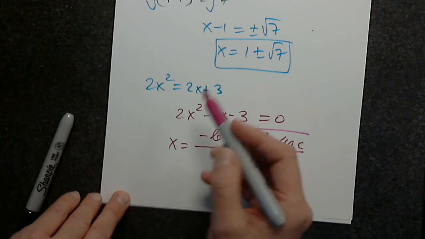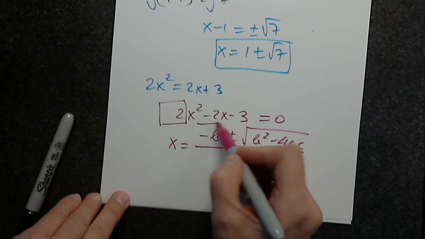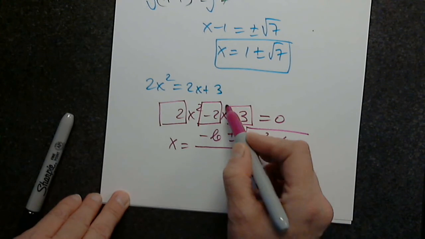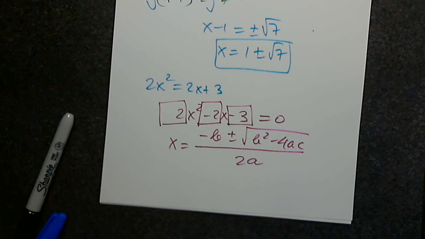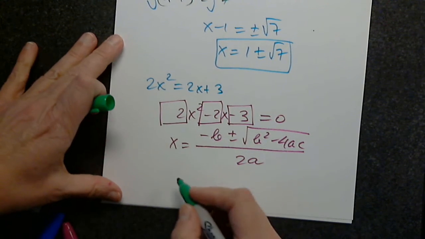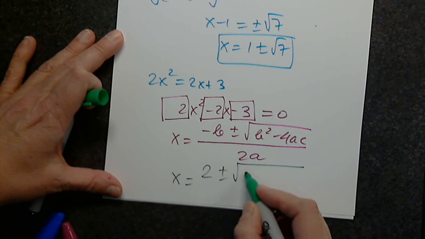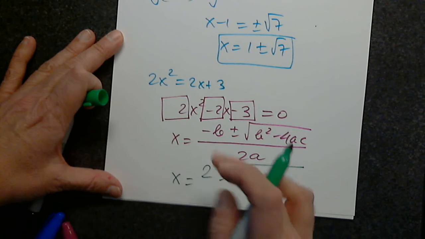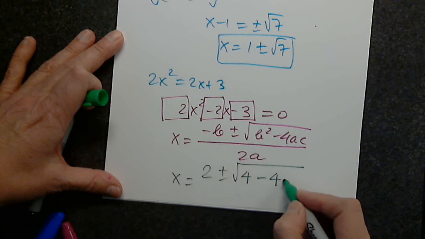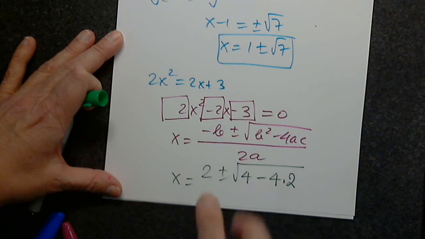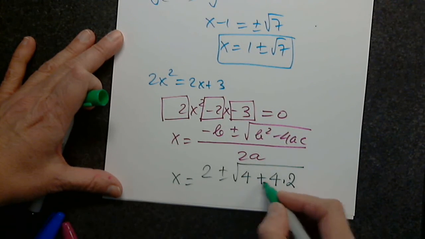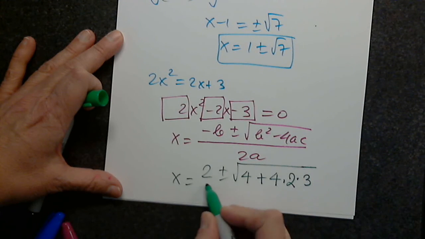And now, carefully, I plug in a, I plug in b, and I plug in c. So then x equals negative b, which is negative negative 2, plus or minus the square root of b squared, 4, minus 4 times a times c, 2 times negative 3, but I have 2 negatives, so I'm going to simply change that into a positive.